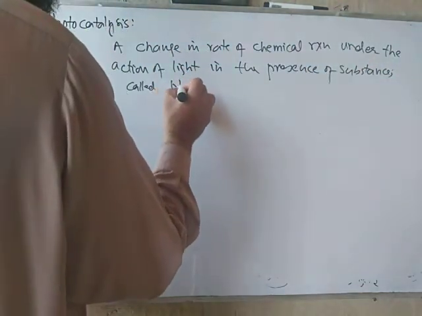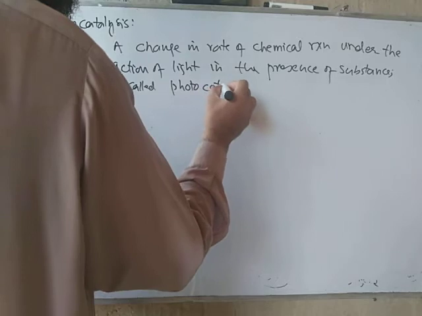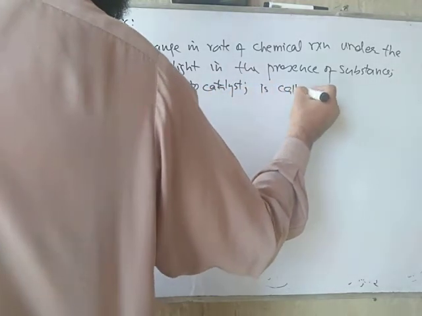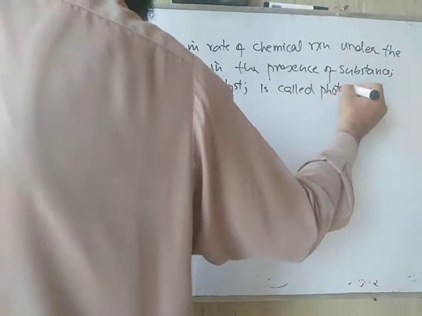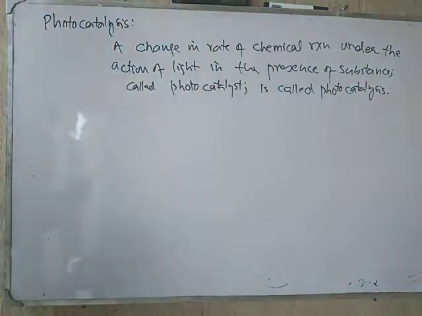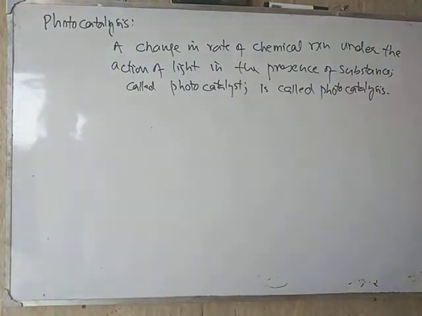Photocatalyst. Photocatalysis is the change in rate of reaction under irradiation of light, in the presence of a substance. वो substance क्या है? The substance that is called photocatalyst.